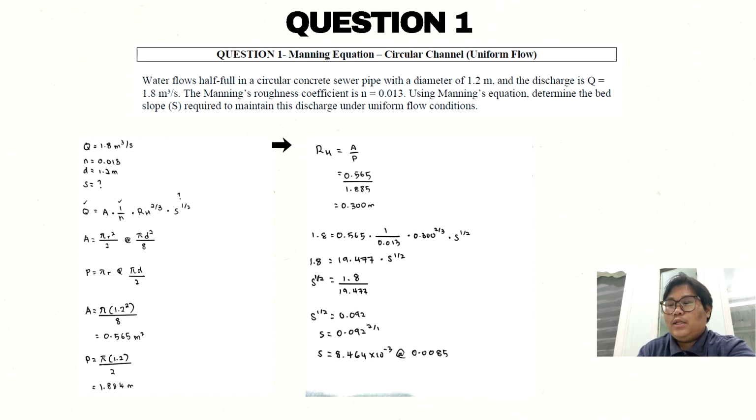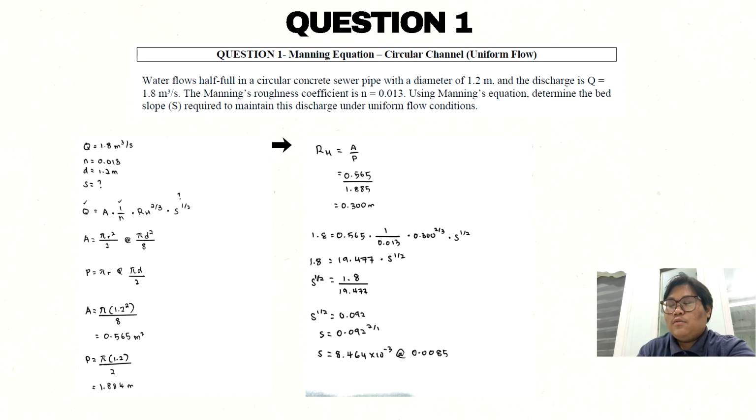After that, the 19.477 goes to the side, and you will get 1.8 over 19.477. After that, it will become 0.092.